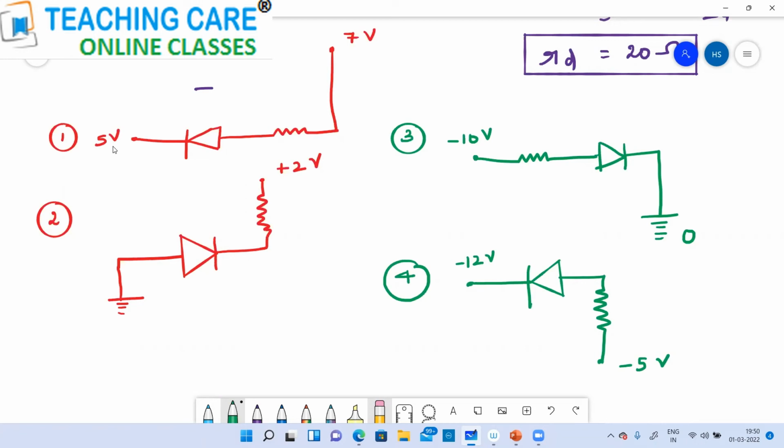The reverse, ma'am. Why? Oh no, sorry, the minus. Minus, yeah. So it is higher potential. P is at higher potential and N is at lower potential. Then it is forward biased.